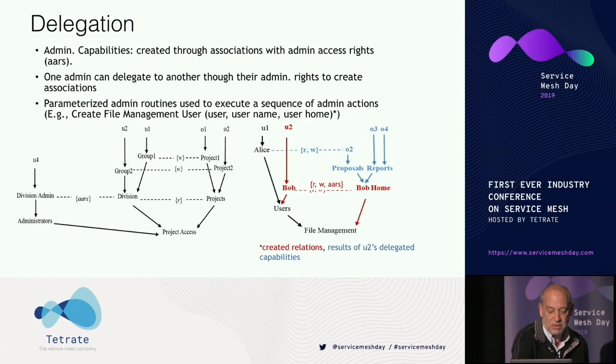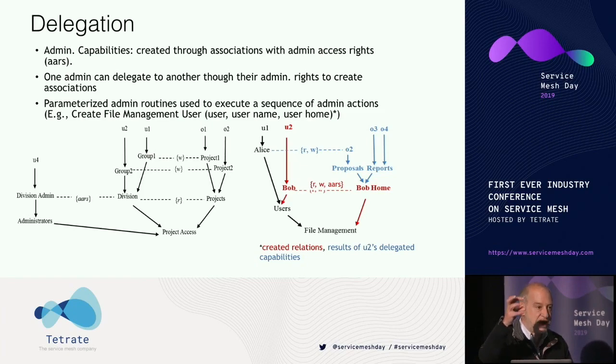association using Bob as the name attribute with read and write permissions to objects in Bob's home, but also give him administrative privileges. And based on those delegated privileges, Bob, or user 2, would be able to create containers in his home directory.